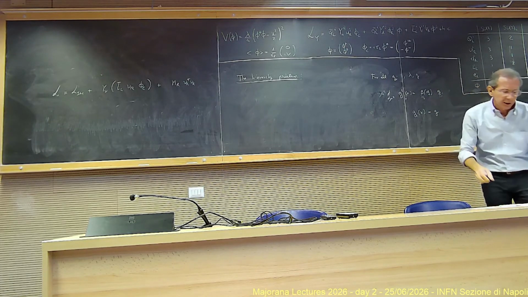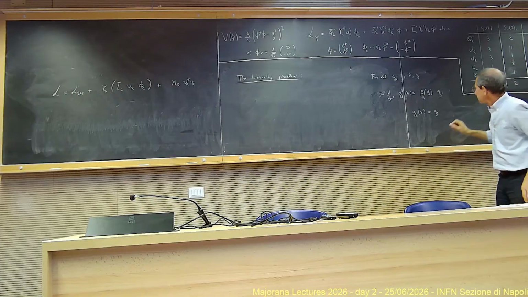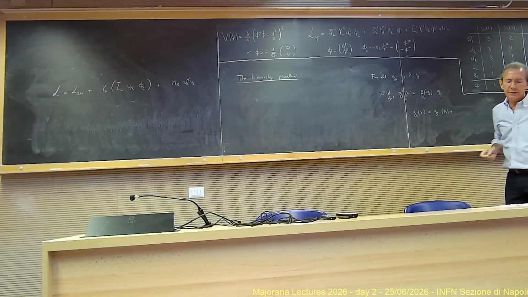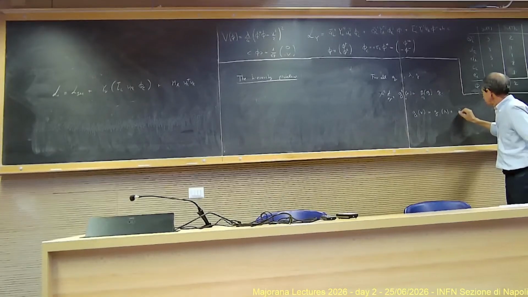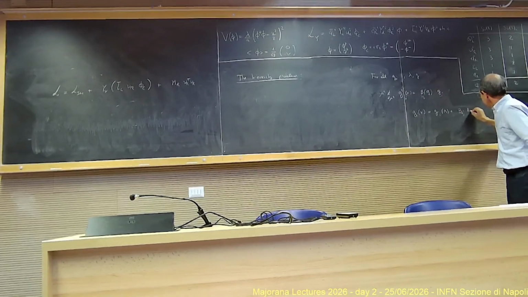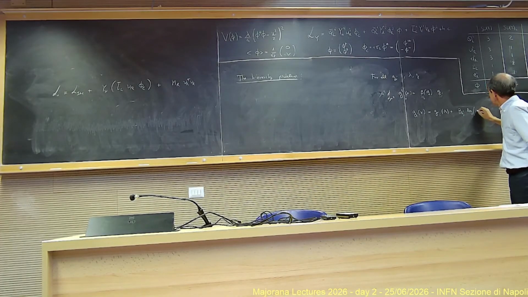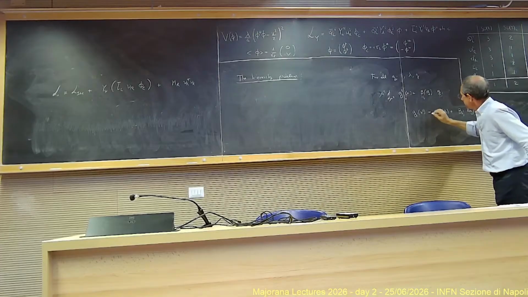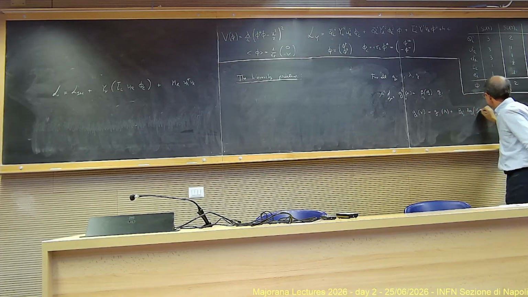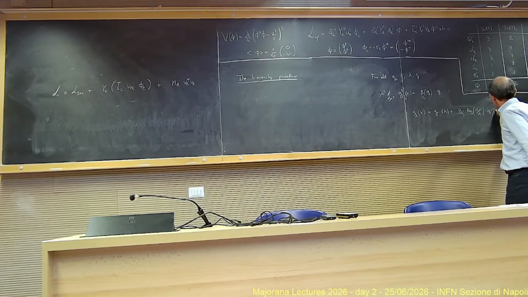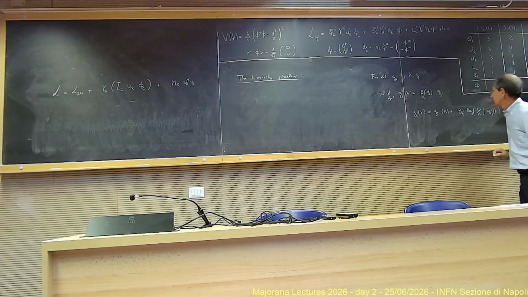this coupling at some other scale, lambda plus, and here there is this beta function, and then there is a log of k. Okay, something like that.